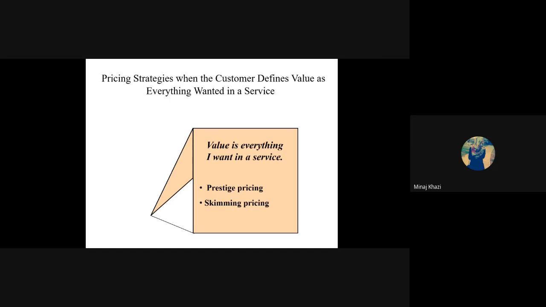So for example, mobiles. This could be better understood if we take a product as an example. Okay, the same thing is applied in services as well. For example, if you are trying to buy a mobile phone, Apple is leading in the market. If you feel that buying an Apple mobile makes your prestige high, it is a prestige point of view. Or the companies come up with models, not only Apple, the other companies too, they call it a flagship model. So what do you mean by flagship model?